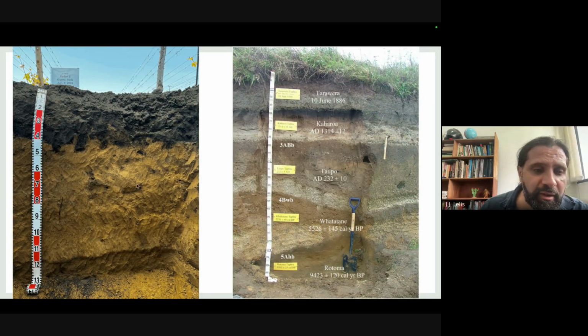You can see here some andosols with these materials here, especially here in this yellowish color. You have a lot of andic properties, and here you have several layers of horizons with andic properties because they are connected to different volcanic eruptions, and people dated them, so you can see the age started around 9.5 thousand years before the present, and ends in 1886, so quite recent.